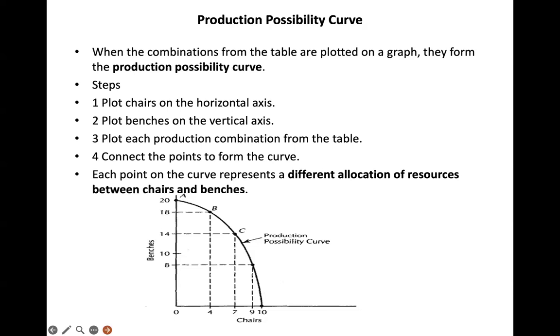Hello, sir. Yeah, Gideon. Is there a case that the opportunity cost will come with a decimal, or will it always be a whole number? It can be a decimal because you are dividing.